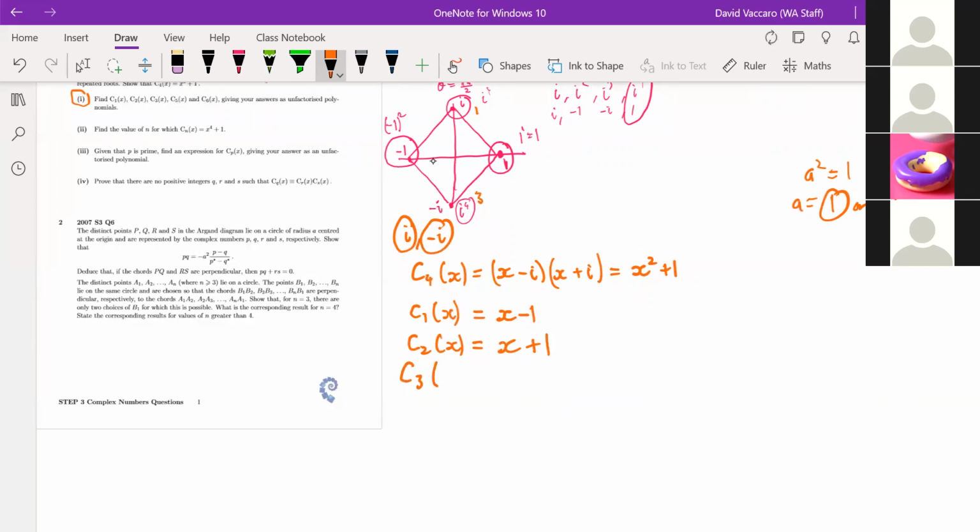Okay, c of 3 of x. Well, what are the complex roots of unity? Well, a cube root is just going to have argument 120 degrees, because if you cube a number, you triple the argument. So we get a root here. We also get its complex conjugate.